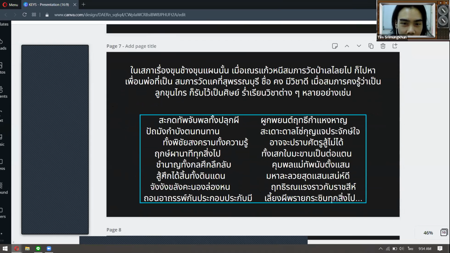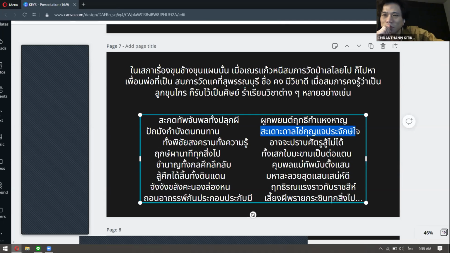Even in a poem like this, they also mention the keys here. Here this word puts this technology in the language already, so it must be a very long time ago.